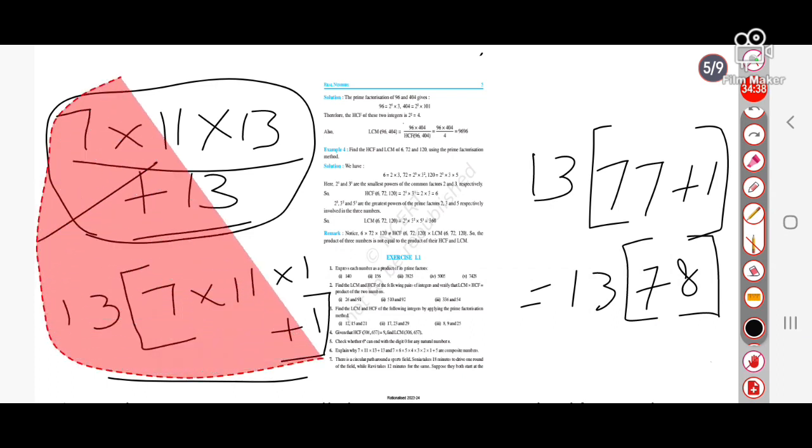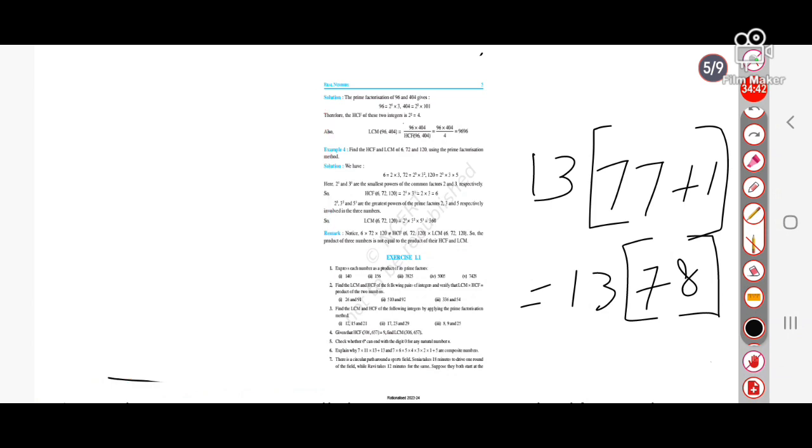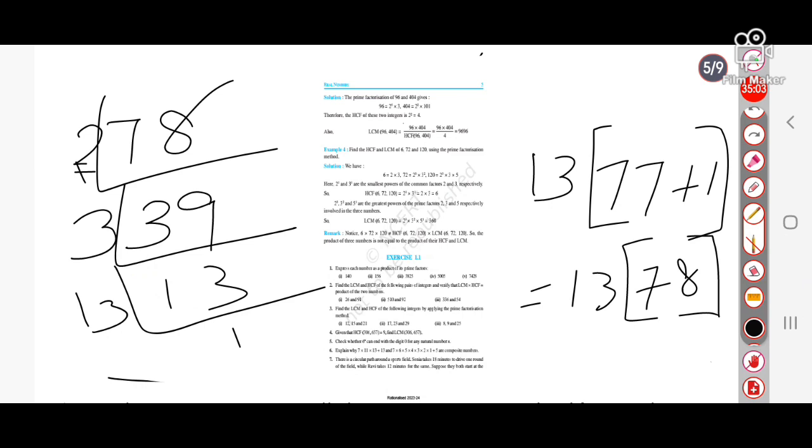For 78 we can easily do the prime factorization method. Dividing 78 by 2 we get 39, with 3 we get 13, with 13 we get 1. So 2 cross 3 cross 13 is 78.